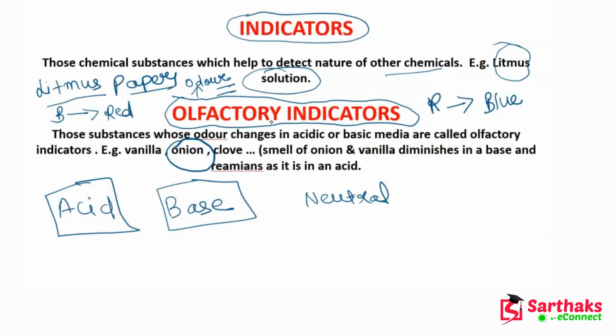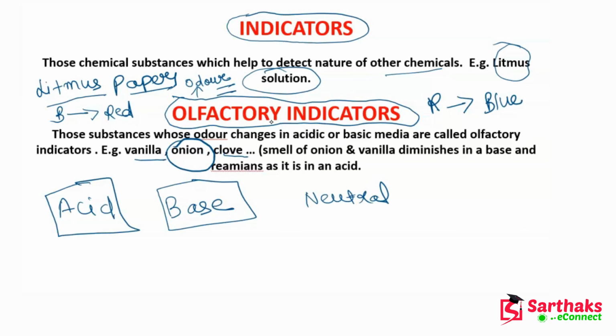I hope guys you have understood what olfactory indicators are. Clove is also an example of olfactory indicators, and vanilla is also an example of olfactory indicators.